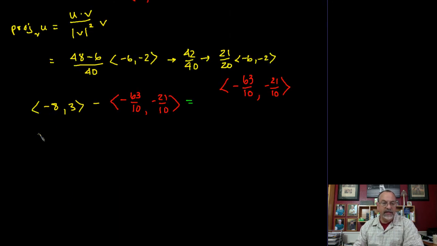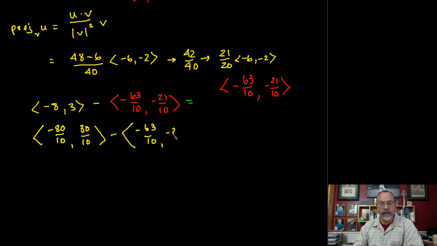So in order to subtract these, I'll need a common denominator. So this is going to be negative 80 over 10, and this will be 30 over 10, and then I'm going to subtract from it this projection vector. And that will give me then the components of this perpendicular vector. So negative 80 minus a negative 63, or negative 80 plus 63, so that's going to be what?